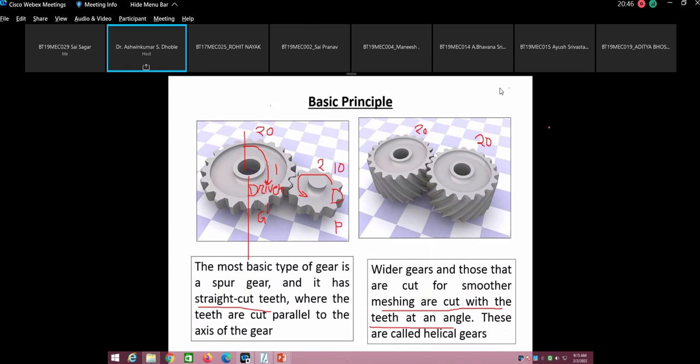Okay. Sir, tell me any drawback of this spur gear. Vibration, sir. Why will it vibrate? Backlash.